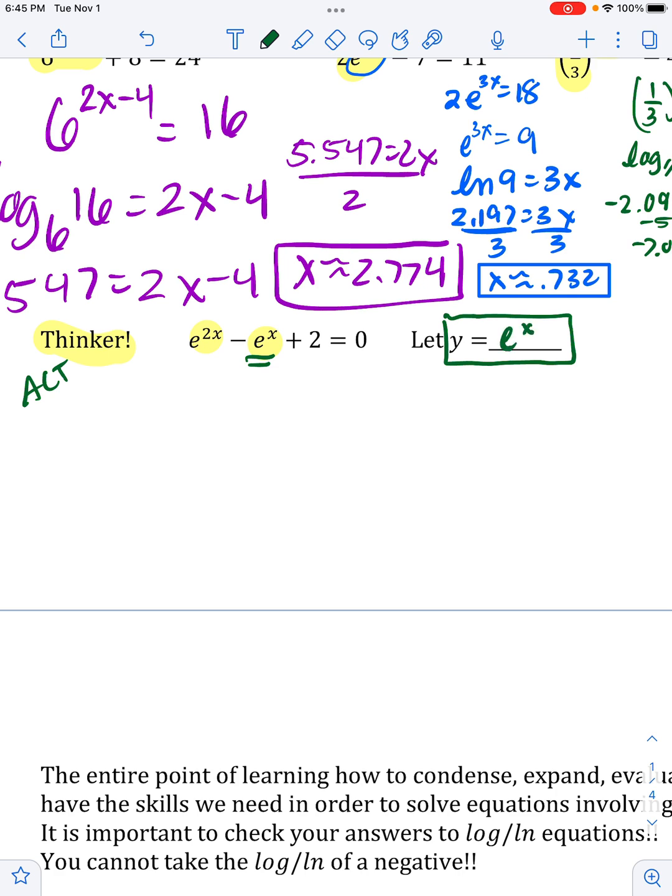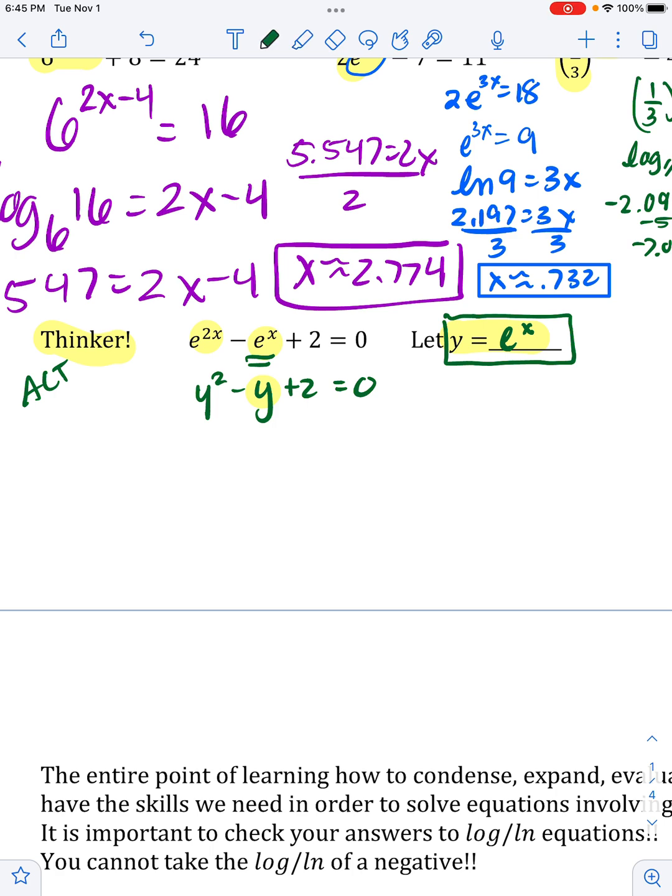So then I can rewrite this as y squared minus y plus 2 equals 0.